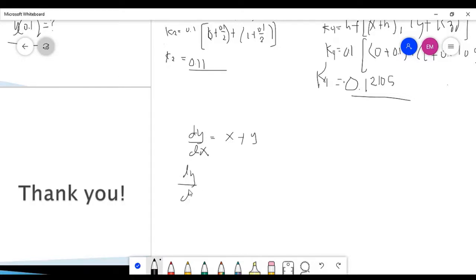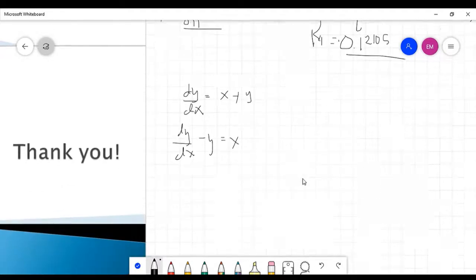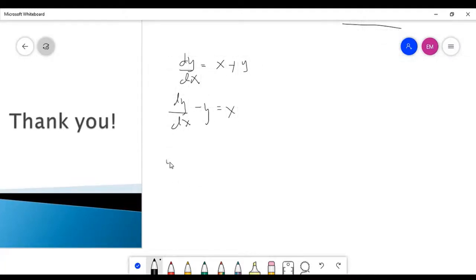So, dy over dx minus y is equal to x. So the solution for a linear differential equation is y e raised to the integral of P of x dx, this is negative dx, equal to the integral of Q of x times e raised to the integral of negative dx. This is to be integrated.